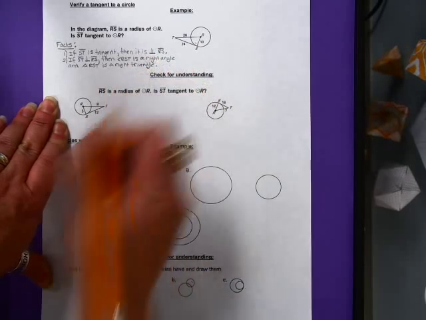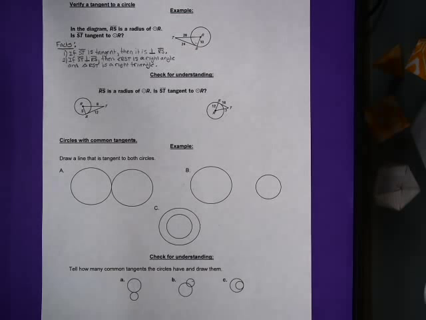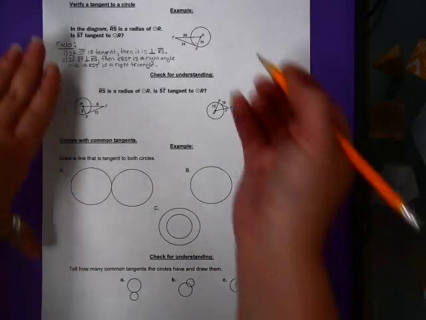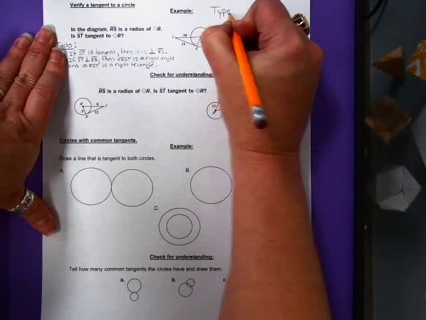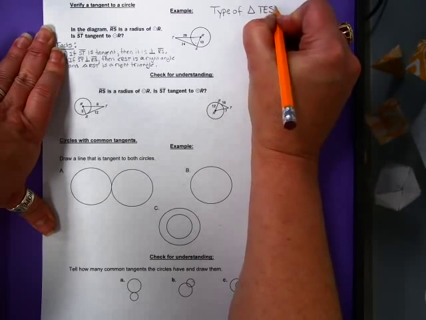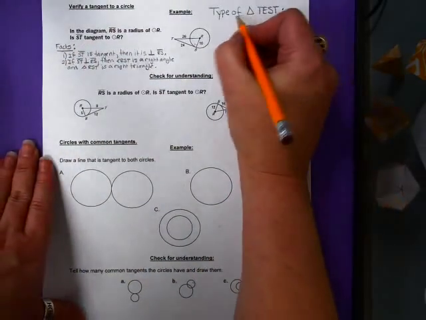Now, some of you may already know where I'm headed with this, but we don't know that this is a right triangle. We need to be able to prove that it's a right triangle. Way back a couple of lessons ago, we had a test called the type of triangle test. Some of you may remember that that was the Pythagorean theorem backwards. We inverted it.